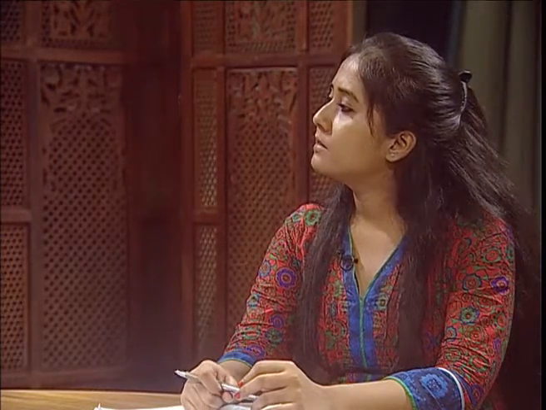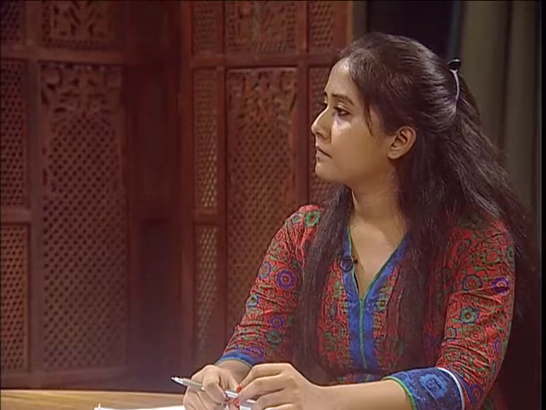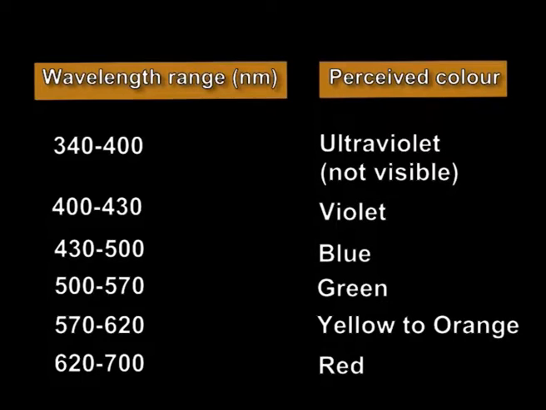So what we see is a very small part of the whole spectrum. In light microscopy, it is this visible spectrum which is utilized. What are the wavelengths related to the different colors we see? You can look at the table, which shows that the wavelengths vary with color.